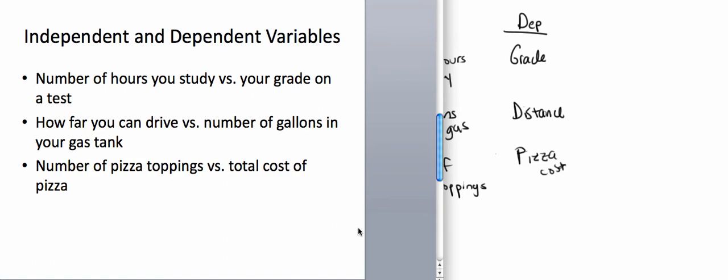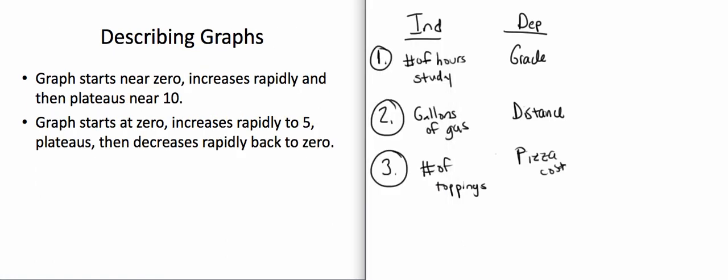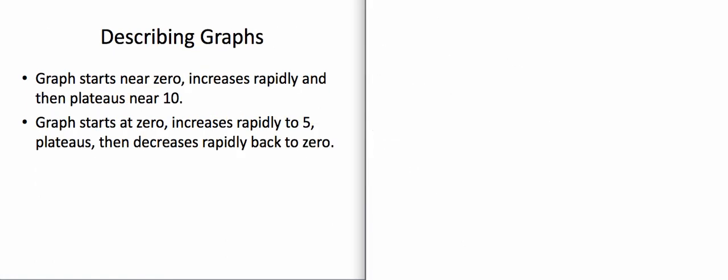The last thing here is describing and being able to look at and understand what graphs actually mean. So we're talking about describing graphs. These are some of the vocab words that you had in your beginning lesson. The graph is going to start near 0.